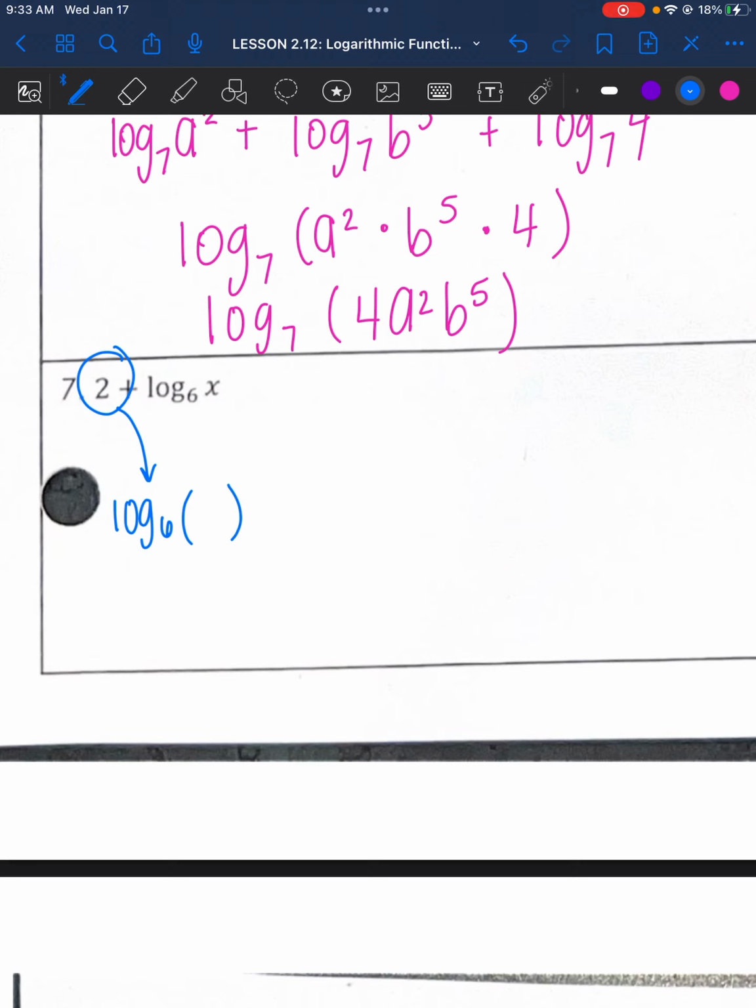Log base 6 of what is going to give me 2. So remember, we want it to be equal to 2. So 6 to the second power equals 36. Log base 6 of 36 is 2.